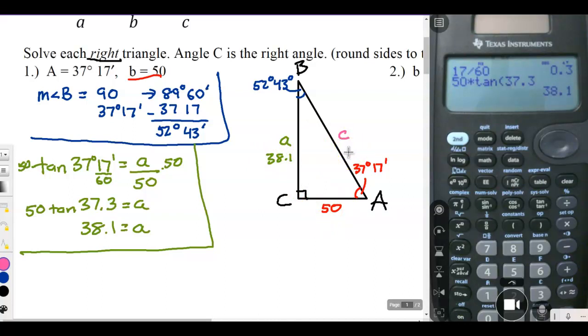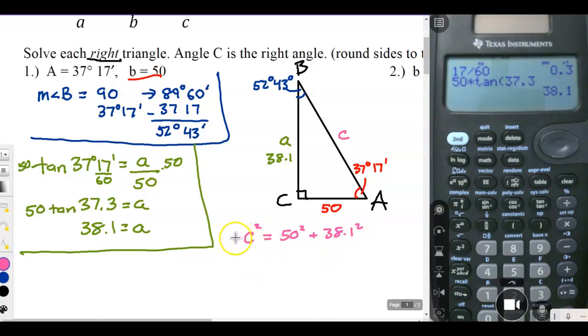So again, you have multiple options. It'll give you slightly different rounded answers, so if yours don't come out exactly the same as mine, that's totally fine. Alright, but let's go with just Pythagorean theorem. C squared will equal 50 squared plus 38.1 squared.